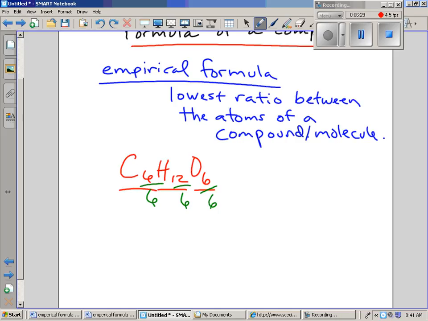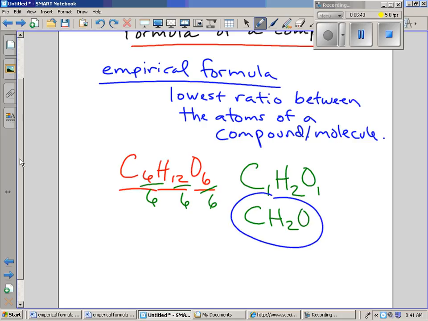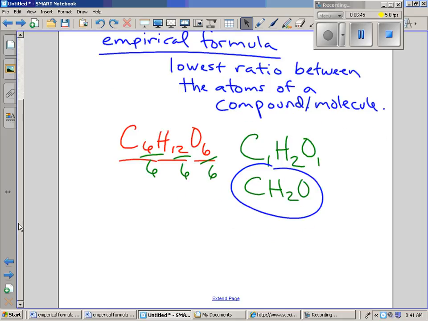So then we'll get C1, H2, O1. That is its lowest form. That is the empirical formula. You don't need the numbers. So really, the correct answer is CH2O. That is the lowest ratio for the compound. Looks like that. Okay?